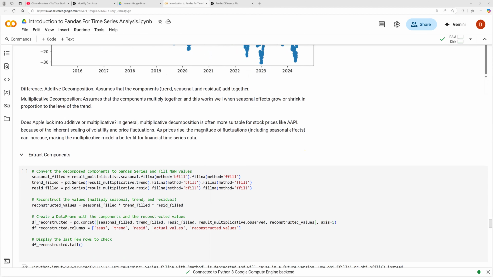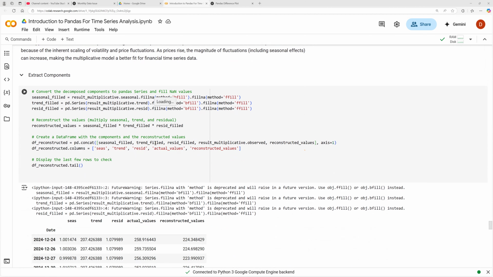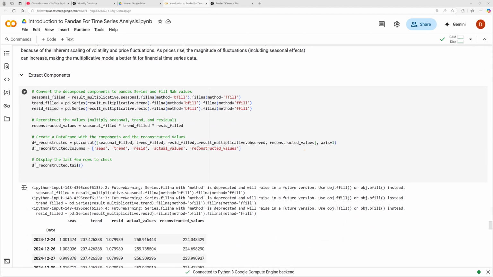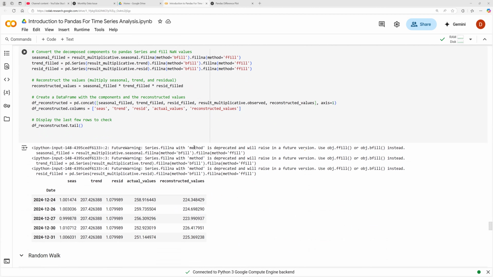Okay. There's going to be times when you're going to want to extract the components. For some reason, this didn't happen to me before, but we had to fill in some missing values, and we concatenate it. Okay, the seasonal, trend, residual, actual values, and reconstructed values.